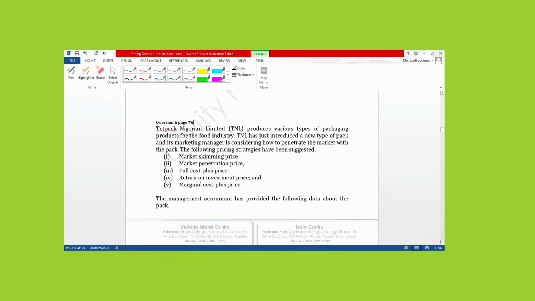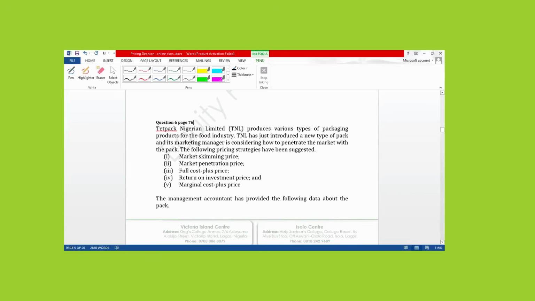The company has just introduced a new type of pack, and its marketing manager is considering how to penetrate the market with this pack.